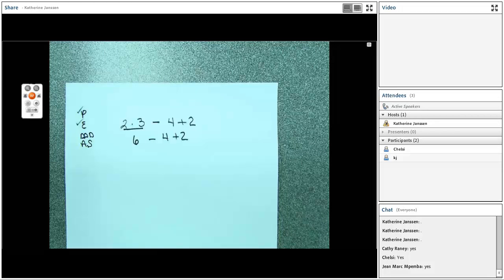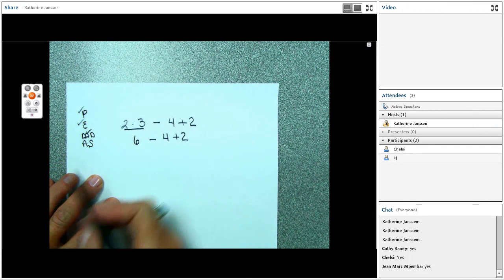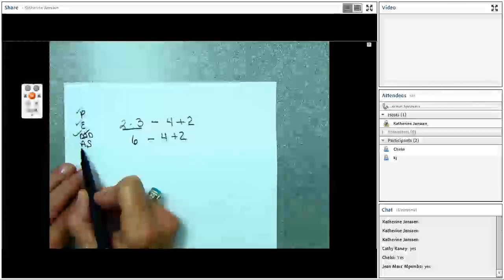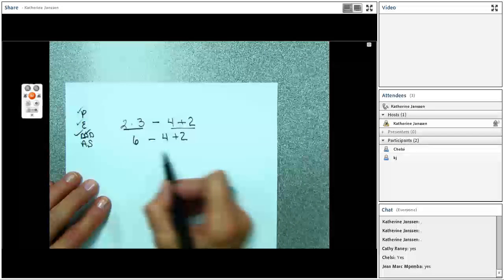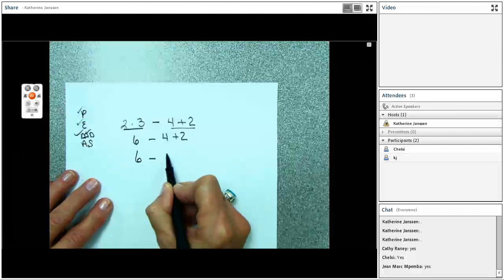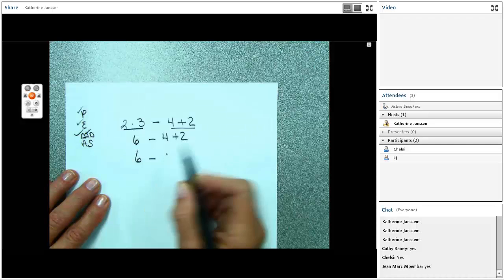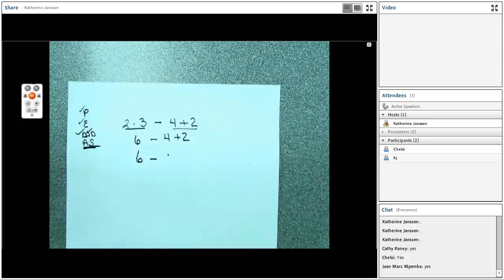All right, so we got multiplication. Division, I don't see any. Check that off. Addition. Here's addition. So let's go addition or subtraction from left to right.